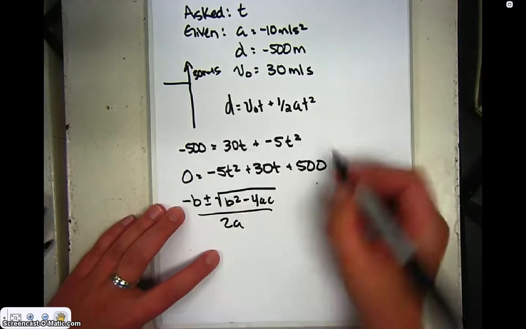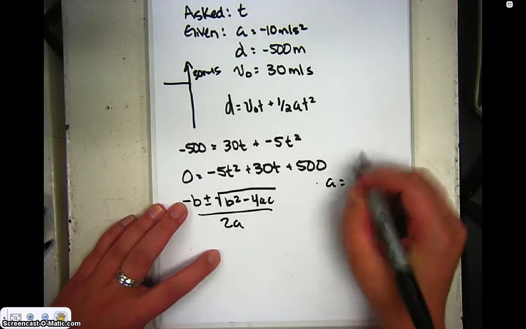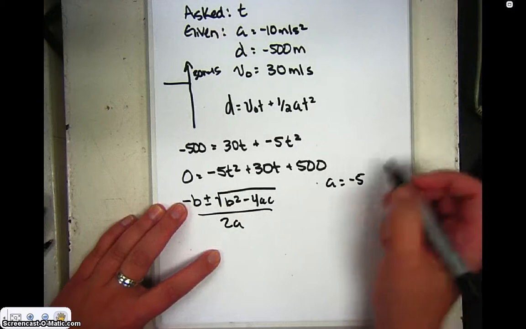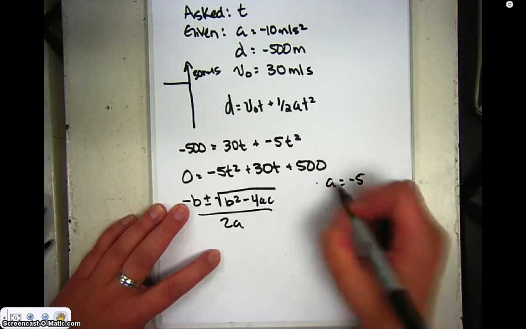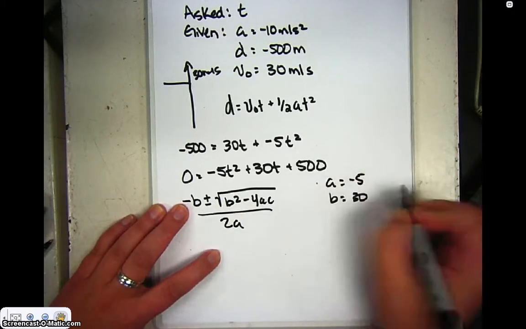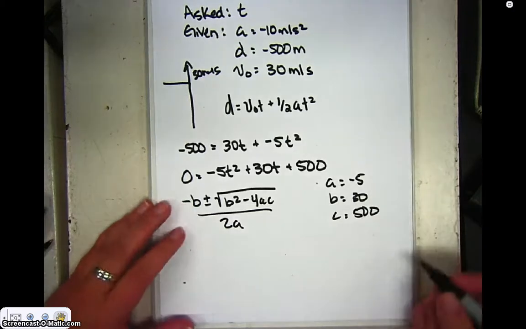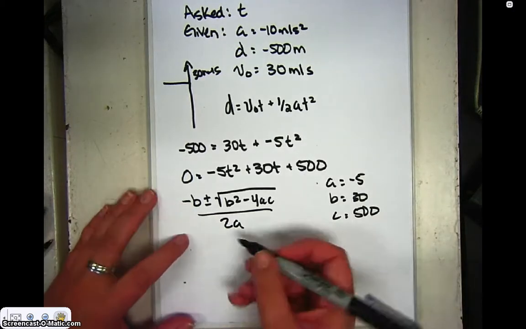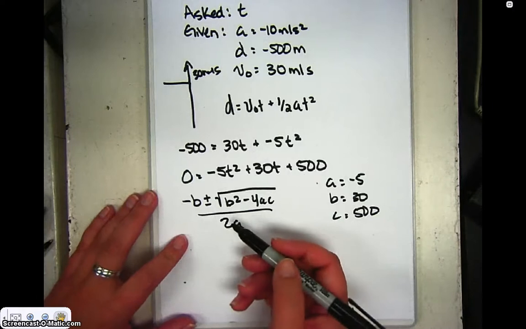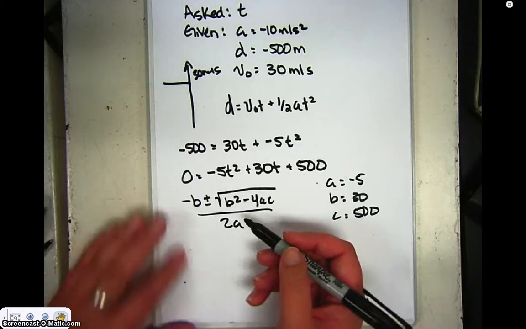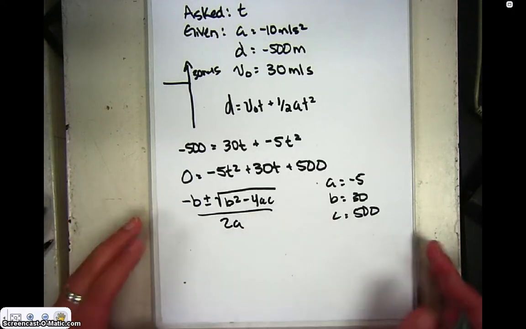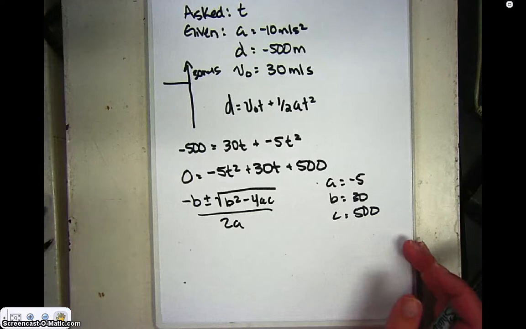Okay, and my a term is negative 5, not to be confused with acceleration. My b term is 30, and my c term is 500. And again, we could reduce these. Okay, and then if we just plug them into the quadratic equation, I'm not going to go through all that. You actually get 2 answers for t when you do this.